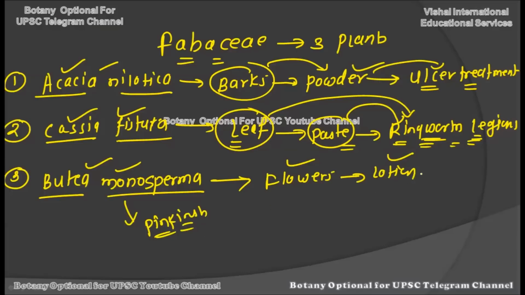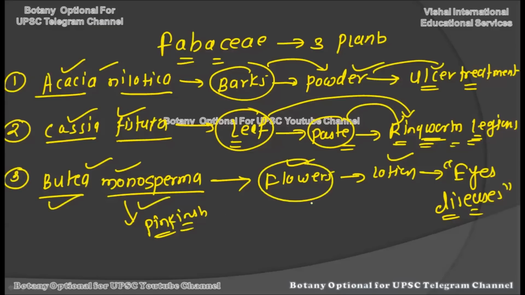Now these flowers are used to create a particular kind of lotion which is used in case of eye diseases. Okay, a very specific application is there for the Butea monosperma flower, that it is used by our ancestors for the treatment of eye diseases. So here we have the third plant which belongs to the Fabaceae family, Butea monosperma. Its flowers are very useful in creating the lotion which can be used against eye diseases.